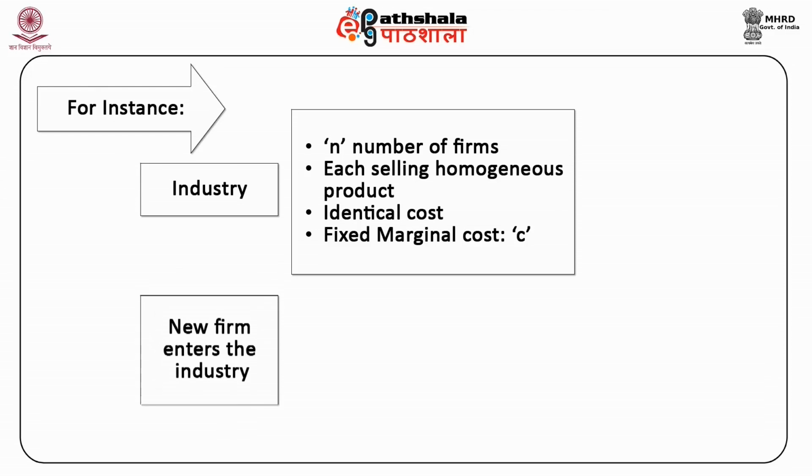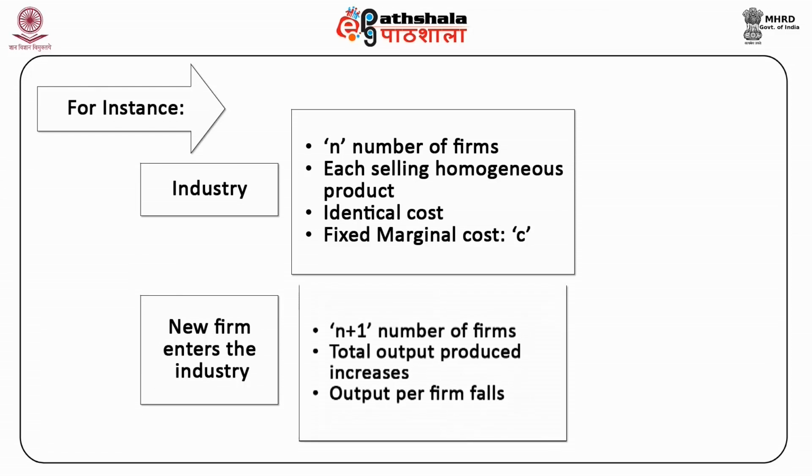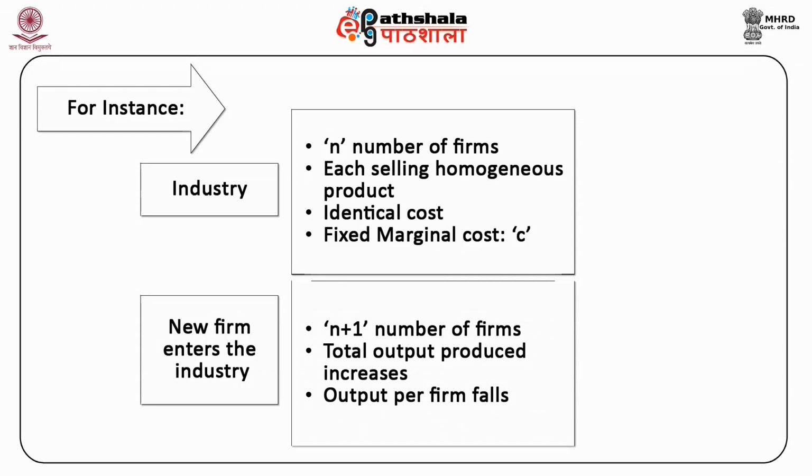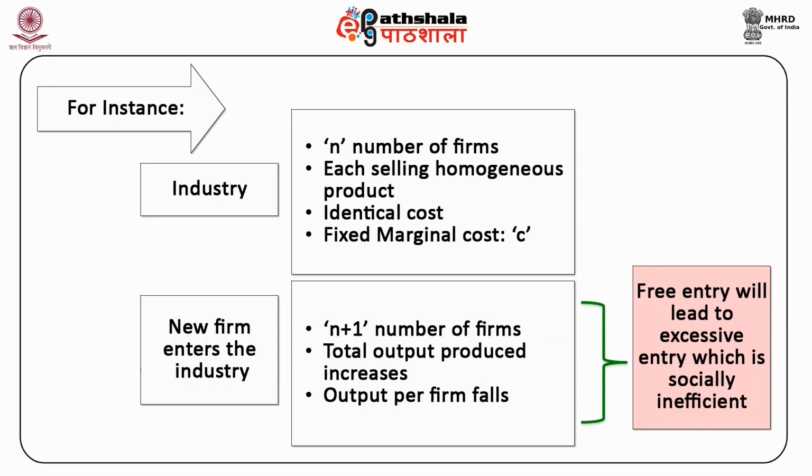Suppose a new firm, the (n+1)th, enters the industry so that total output produced increases, but output per firm falls. In this case, it has been shown by Cabral (2000) that free entry will lead to excessive entry, which is socially inefficient.